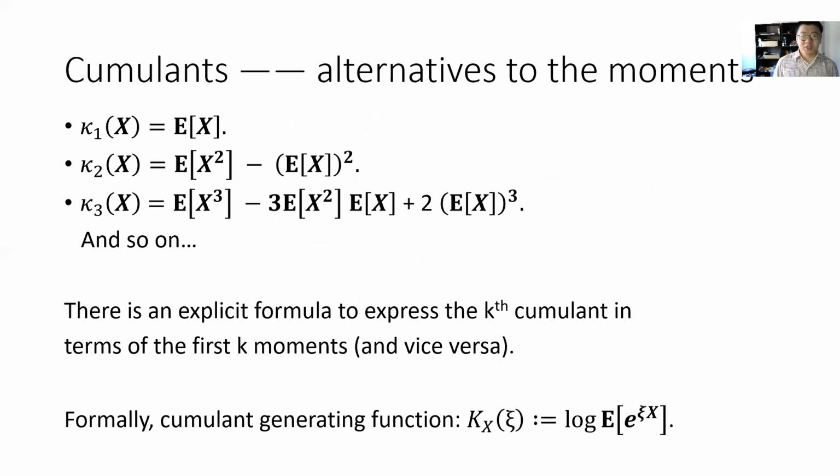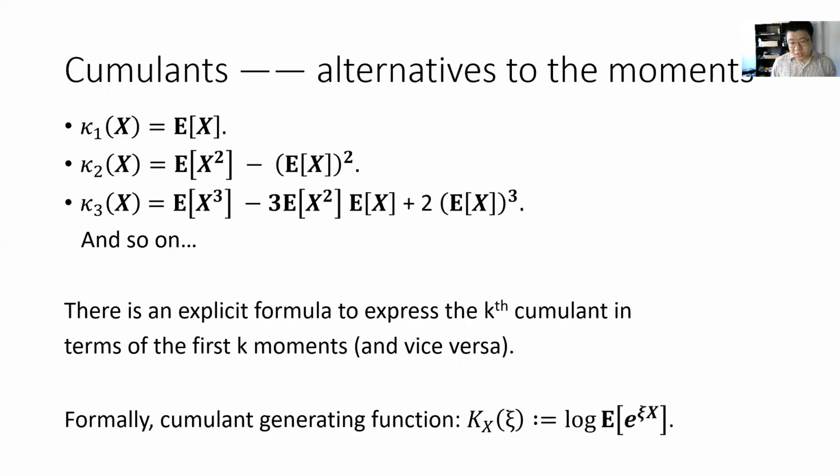The first cumulant is still the expectation, the second cumulant is the variance, and the third cumulant becomes more complicated. So in general, there is an explicit formula to express the kth cumulant in terms of the first k moments, and vice versa. The formal definition of cumulants goes through the cumulant generating function, which is defined to be the log of the moment generating function, that is, expectation of e to the zeta x for variable zeta.